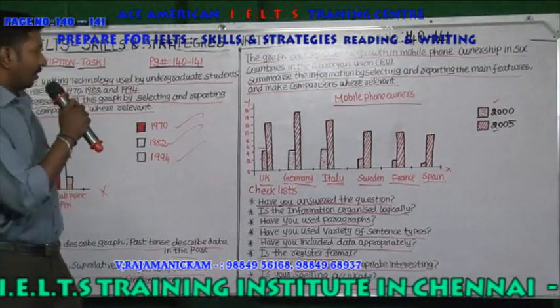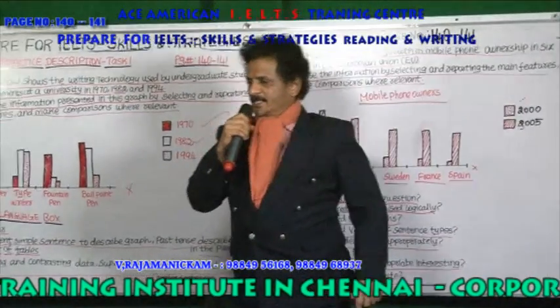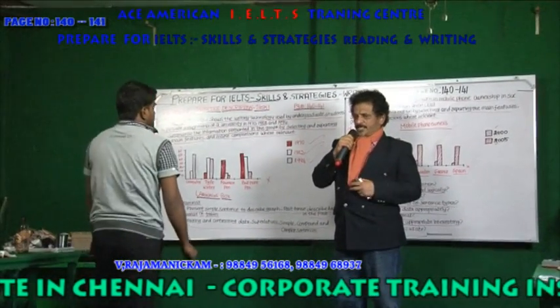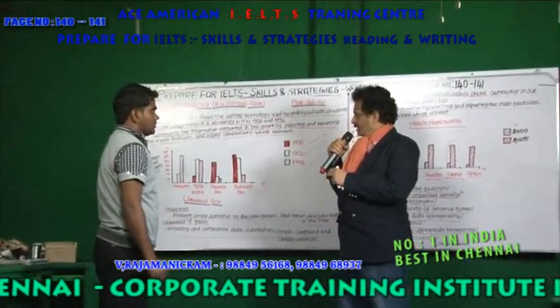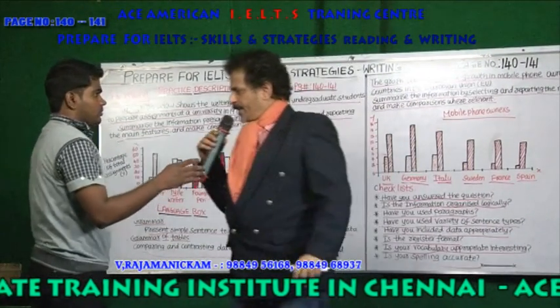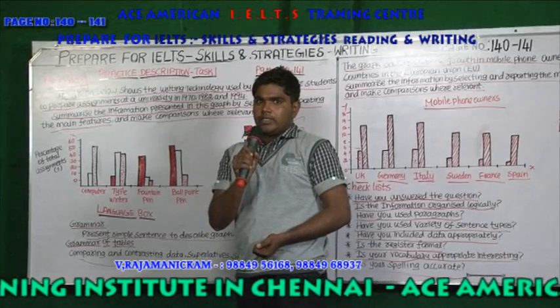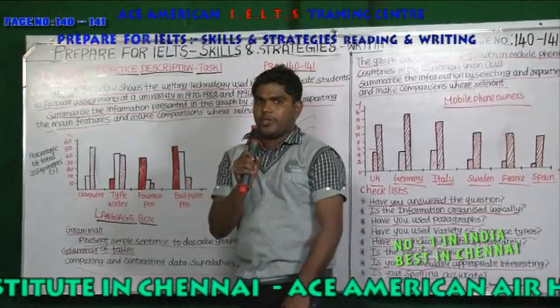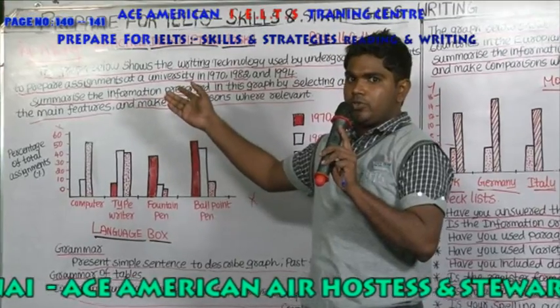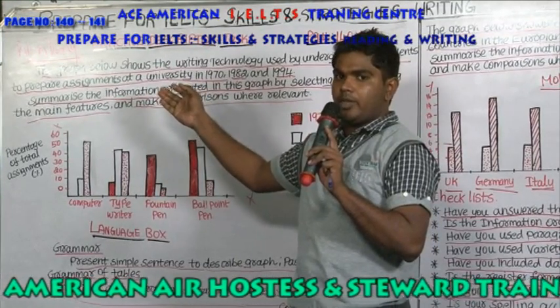Yes, come forward. He is going to Sweden and he is going to take his academic examination. So, sir, what do you understand from this graph? And if you get this, what are you going to write? My IELTS examination is for Sweden. Okay, here we have a task: the writing technology used year by year.